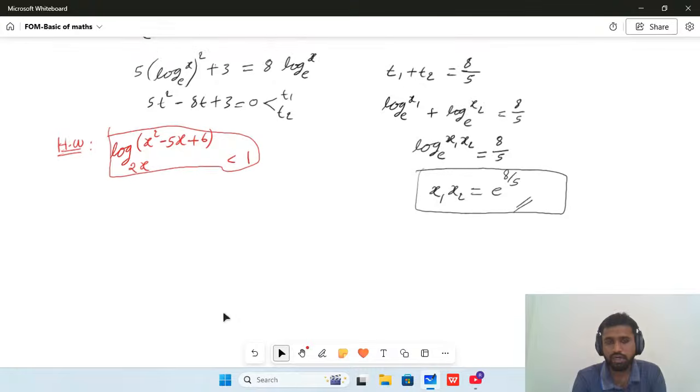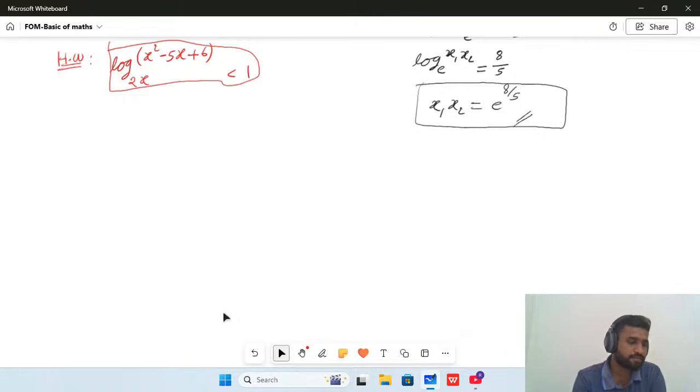So what are we going to discuss today? Do you have any idea what the next topic in basic maths is? One is inequalities, another one is logarithms. Coming to another topic, which is the modulus function.